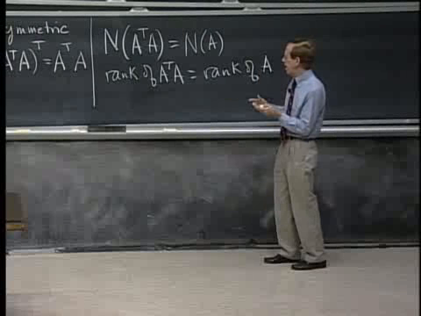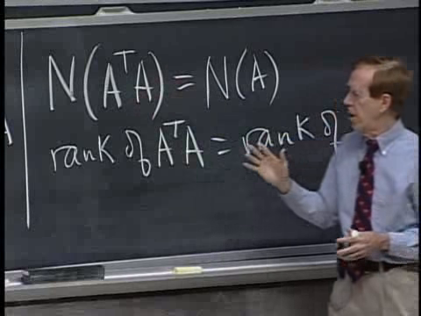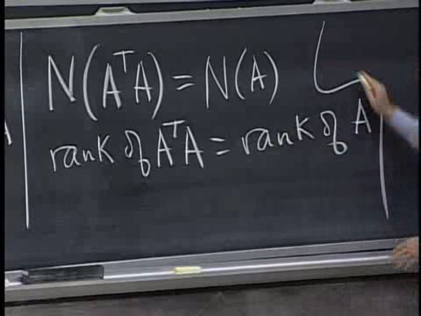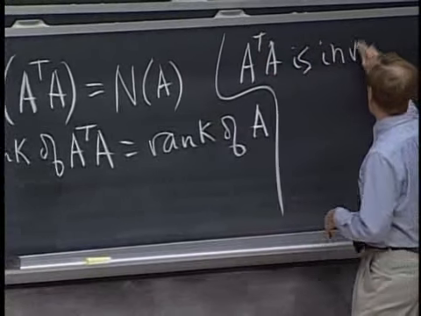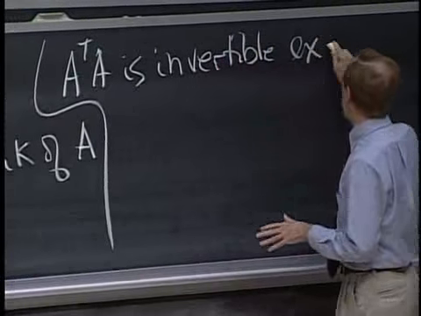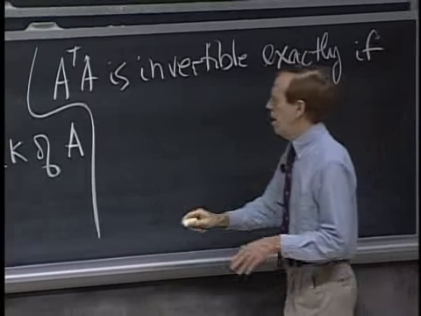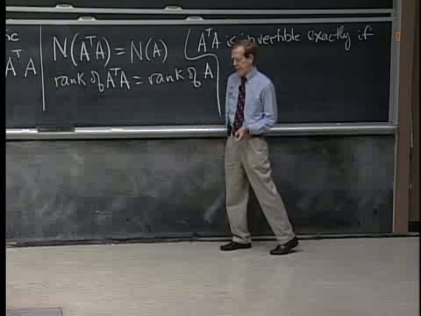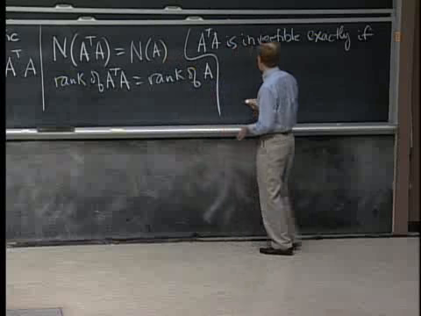This tells me that this square symmetric matrix is invertible if, so here's my conclusion. A transpose A is invertible exactly if this null space only has the 0 vector, which means the columns of A are independent.